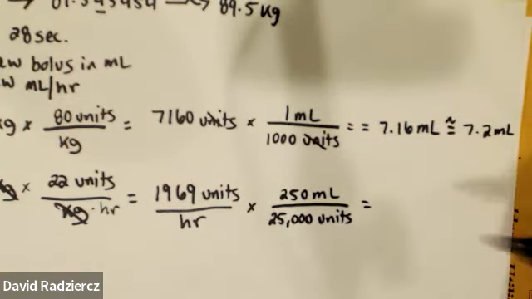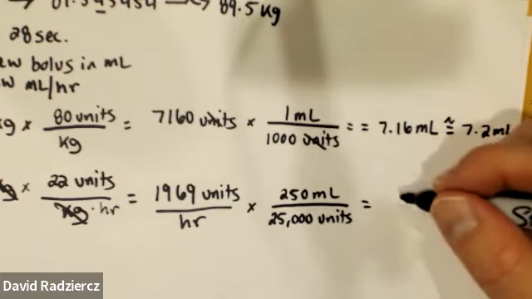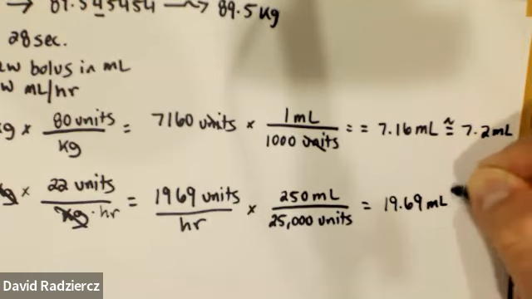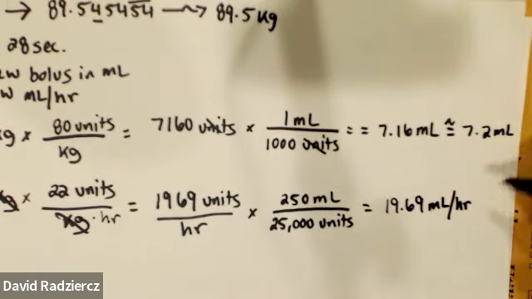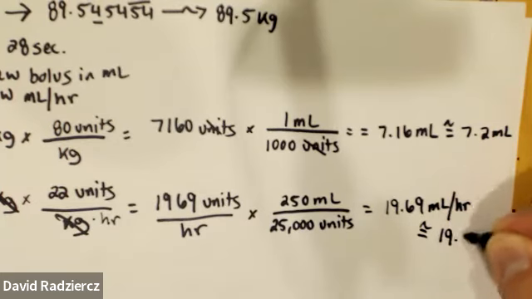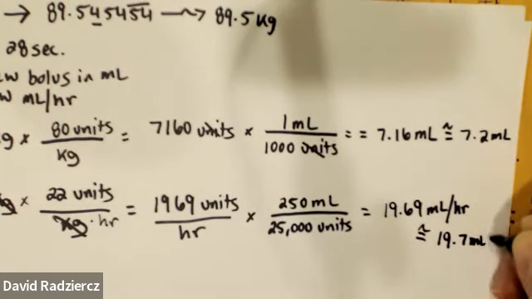Remember, that's the same thing as 1 over 100. So 1969 divided by 100, and I'm going to get 19.69 milliliters per hour. And then what am I going to do? I'm going to round that to the nearest tenth, 19.7 milliliters per hour.